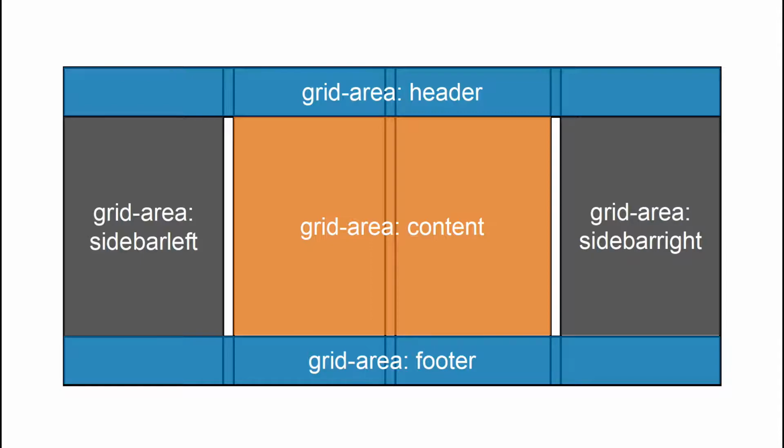I guess in this example it's using a column instead of gutters. You can go either way, but here you can see our 7 columns and our grid areas that are defined, and how you actually place them on the grid with grid-area. So we have the header, sidebar left, sidebar right, content, and footer.